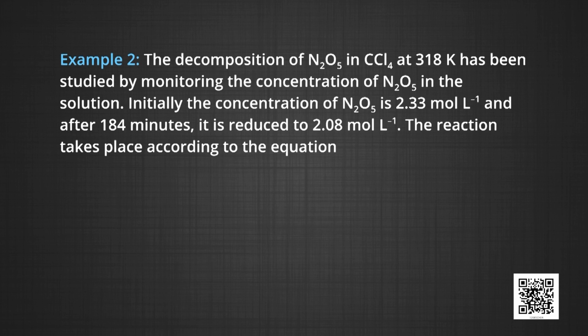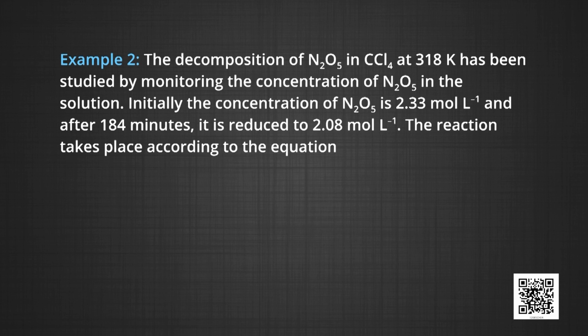The decomposition of N2O5 in carbon tetrachloride at 318 Kelvin has been studied by monitoring the concentration of N2O5 in the solution. Initially, the concentration of N2O5 is 2.33 moles per liter, and after 184 minutes, it is reduced to 2.08 moles per liter.